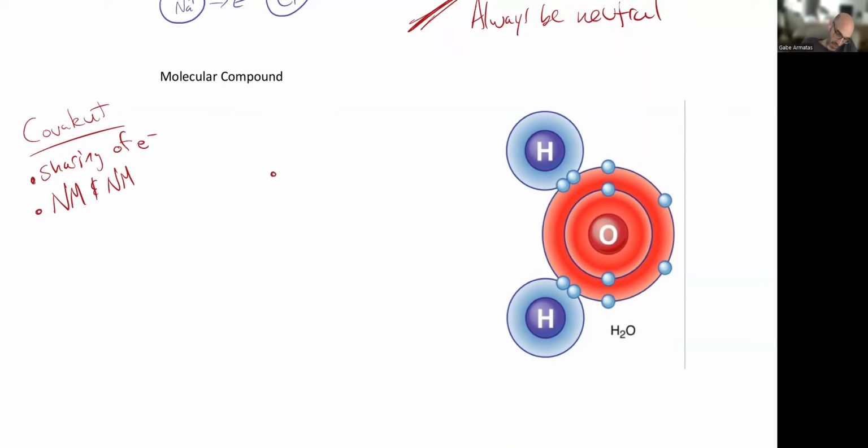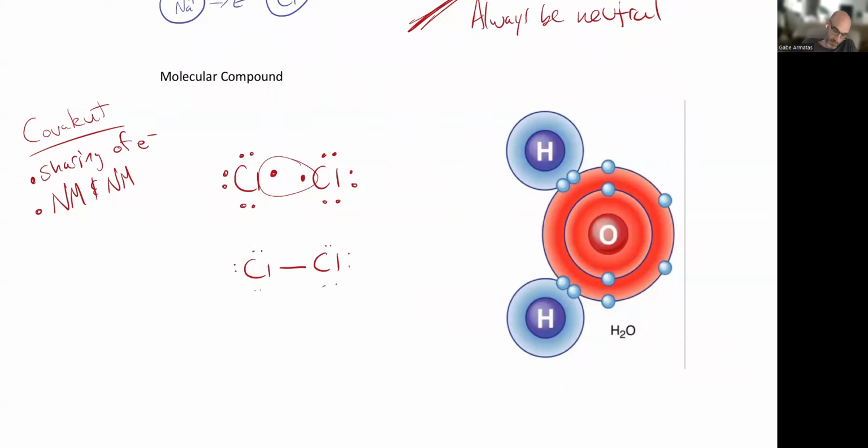Okay, so if I have a hydrogen, well, I guess I should do chlorine actually. So if I have a chlorine like above, and it wants to bond with another chlorine, because they both want those electrons between the two of them, they're going to settle for just simply sharing those electrons. So that is ultimately how a molecular compound is going to work.